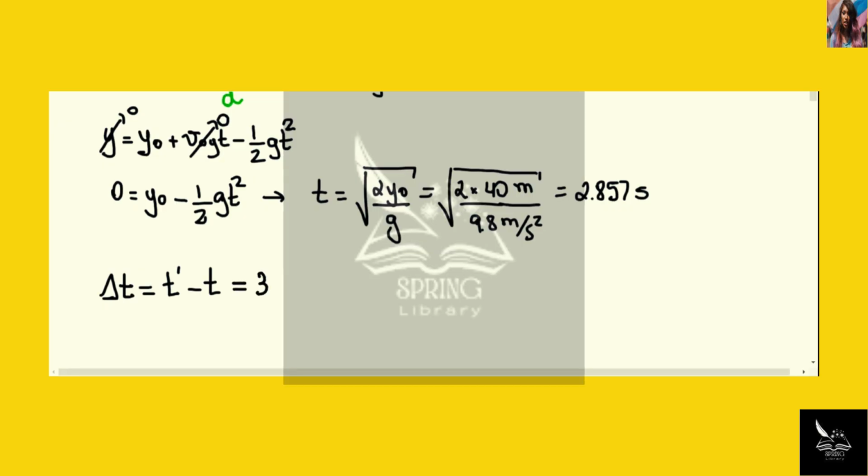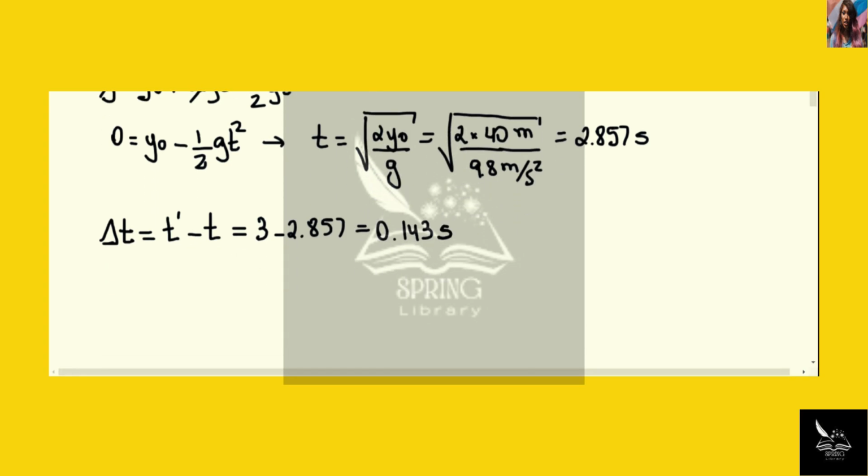So this is 3 minus 2.857 seconds, which equals 0.143 seconds. This is the time it takes for the sound to go from the water to the soccer player's ears.